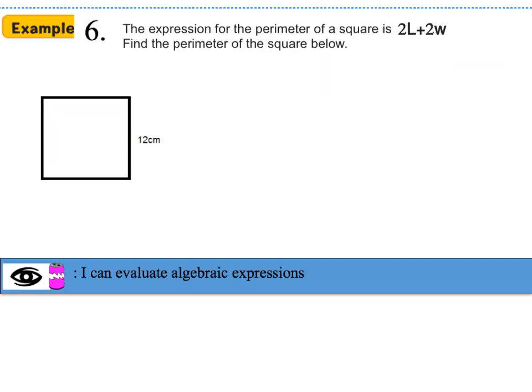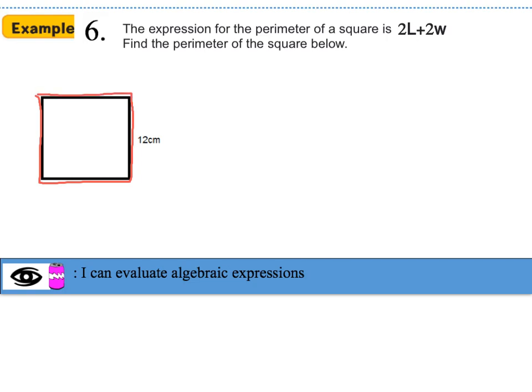For example 6, it says the expression for the perimeter of a square is 2 times L plus 2 times W. So think back to your PE class when your PE teachers say run the perimeter. They're asking you to run around the field. So here the perimeter means everything around the square.